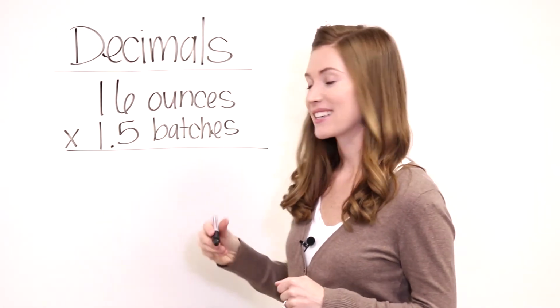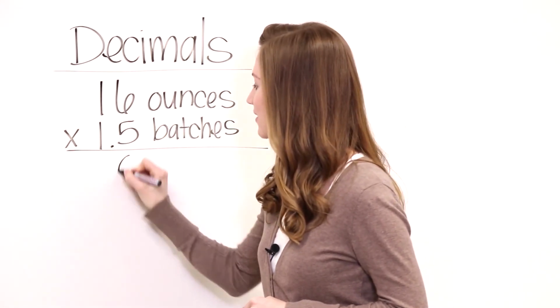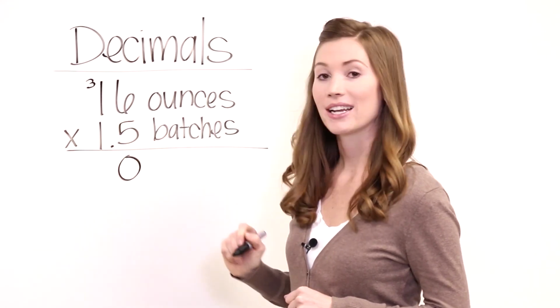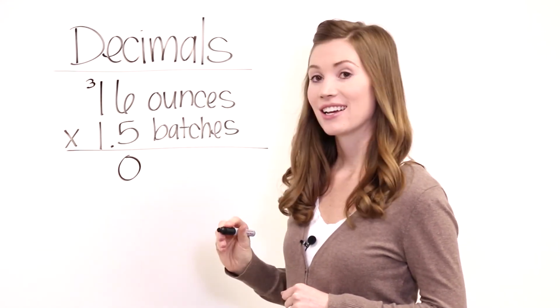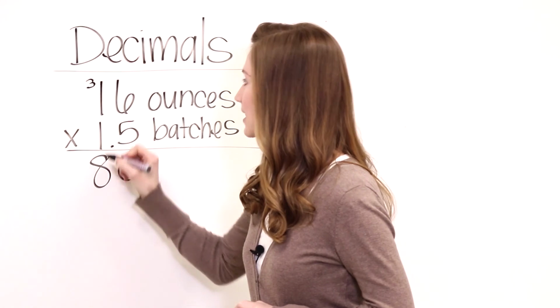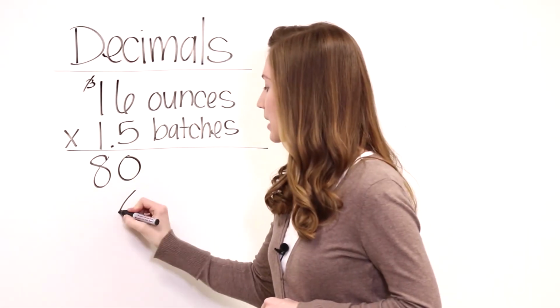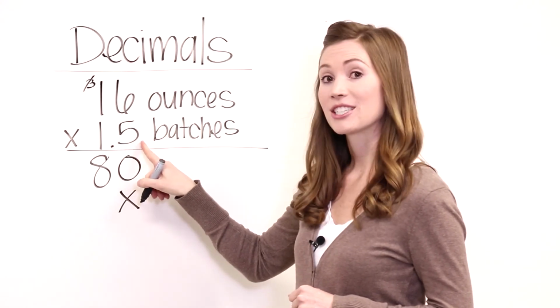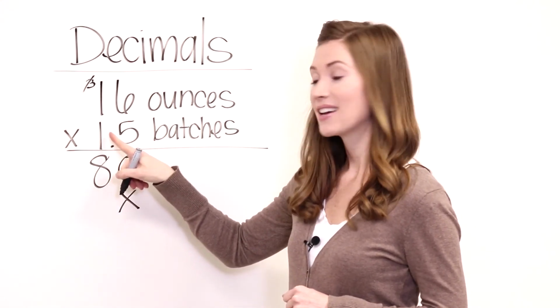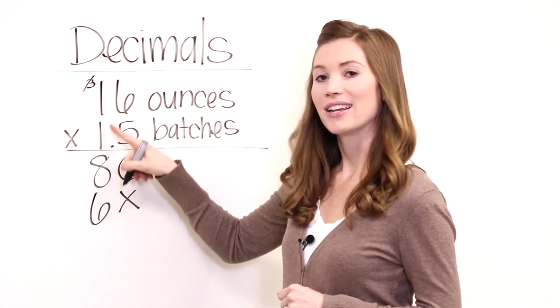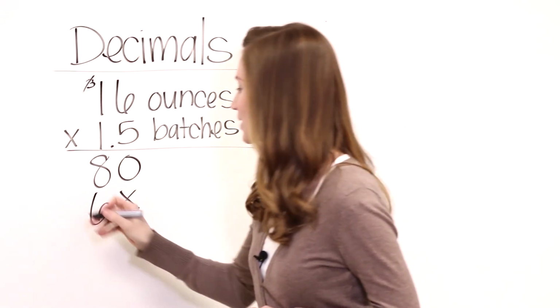5 times 6 is 30. Write the 0, carry the 3. 5 times 1 is 5, plus 3 is 8. Let's cross off that 3 so we know we're done with it. Now we need a placeholder because we're moving on from our tenths to our ones. 1 times 6 is 6, and 1 times 1, that's easy, that's 1.